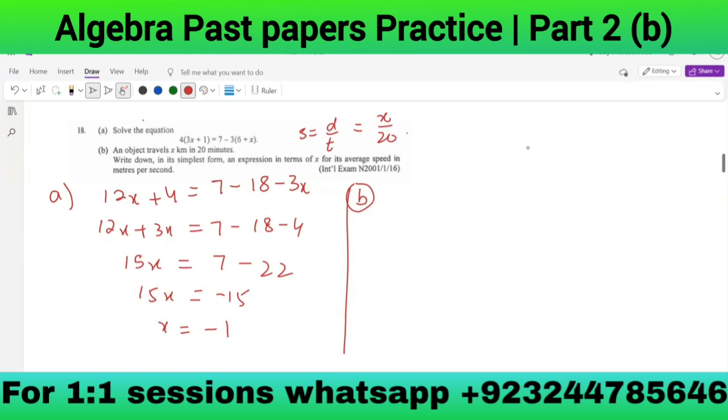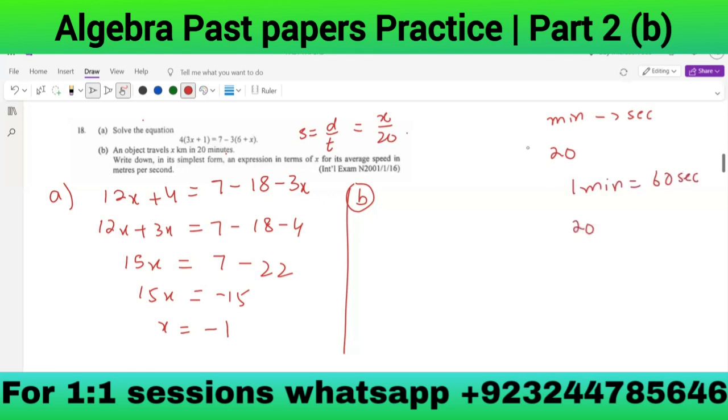x is a distance. Average speed in meters per second, but it is 20 minutes. So how to convert minutes to seconds? We'll multiply with 60. 1 minute is equal to 60 seconds.